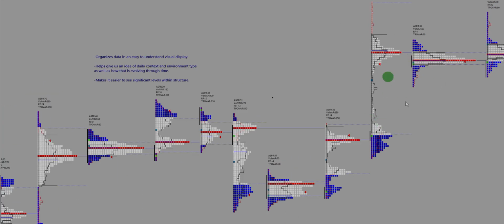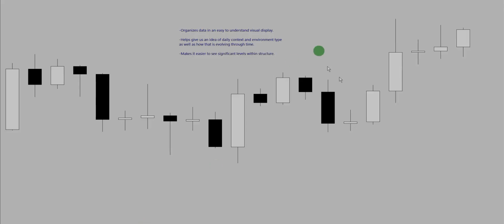We can see, for example, let's say that this is the current day we're in and we have none of this over here. We could see immediately that there is a significant gap within what looks like a pretty substantial structure in this daily candle, right? Very big candle to the upside. Looks like a powerful daily candle moving up through a level, no resistance.